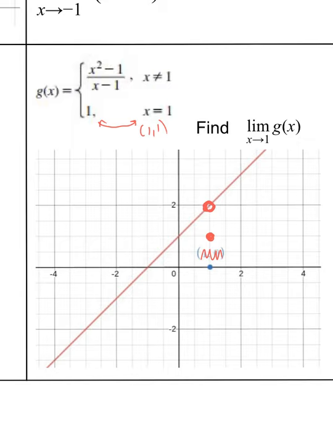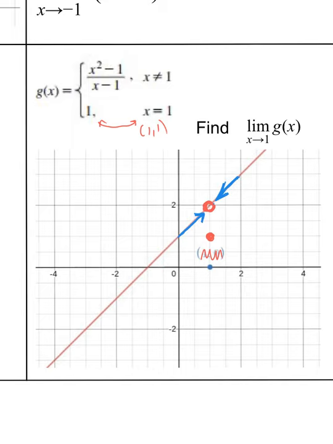We can see we have a removable point. But even still, if I'm asked to find the limit as x approaches 1, what it's asking for is, as you approach x is 1 in this direction, what is the y value that you're approaching? And you're approaching the y value of 2. The same thing is true in the other direction. If you were walking along this curve toward x is 1, your y value is approaching 2.